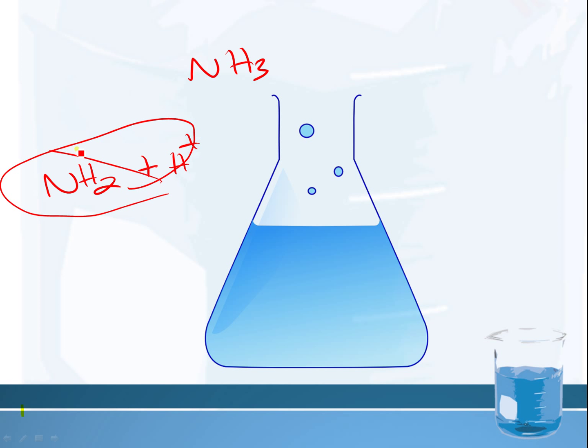What ammonia does do, and don't forget that there is water in here, is strip off an H from that water to form the ammonium ion. And since it's stripped off the H from the water, what water leaves behind is a hydroxide ion.